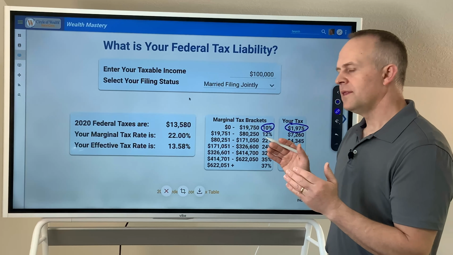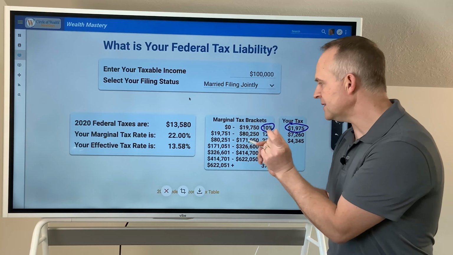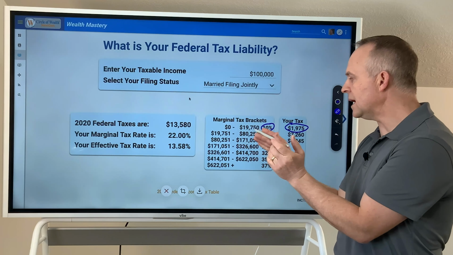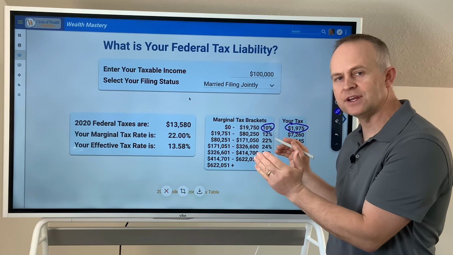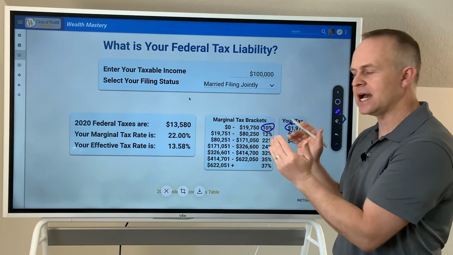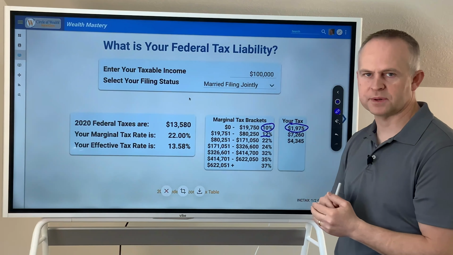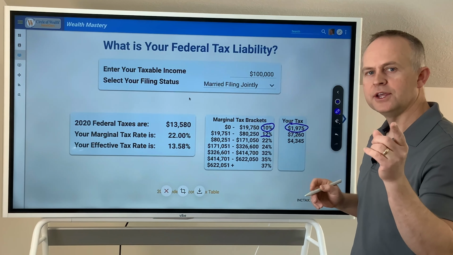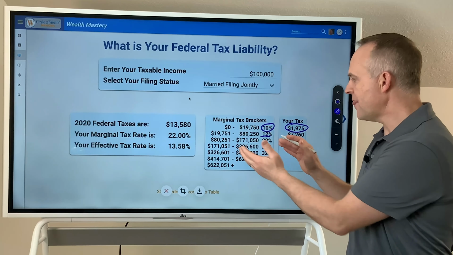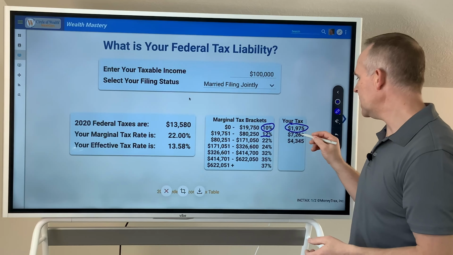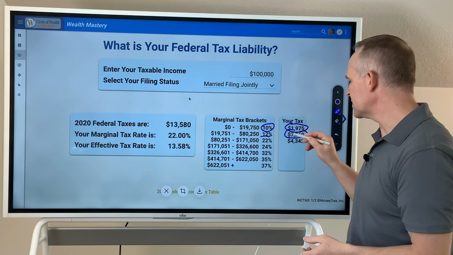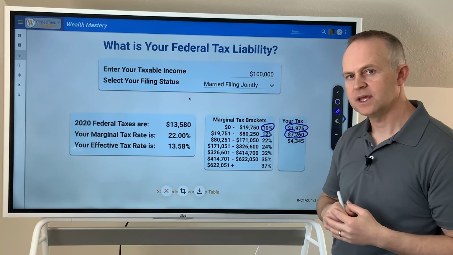Now, your income from $19,751 all the way up to $80,250, that much of your income is being taxed at 12%. Okay, so your actual taxes on that much of your money is $7,260.